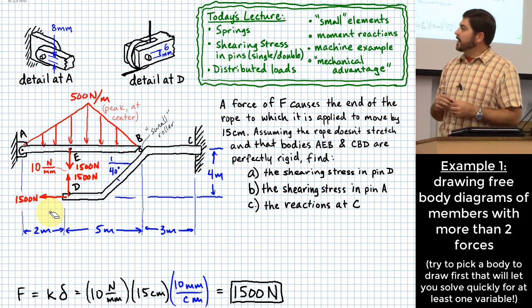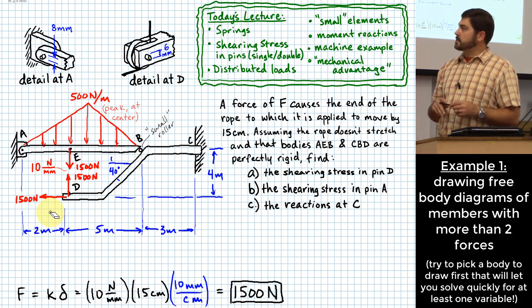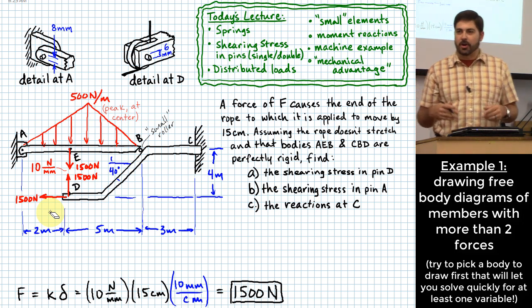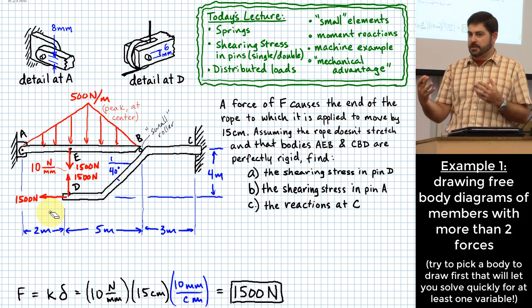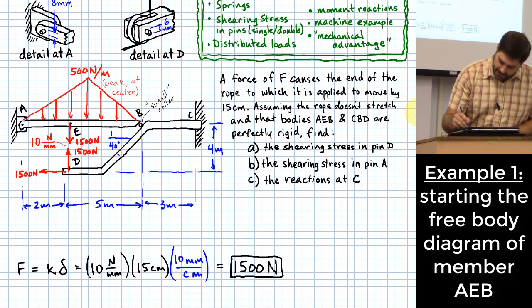So I like the idea of looking at this diagram and immediately seeing that member AEB is a simple enough free body diagram to draw and get something quickly, right? We'll know something more after drawing that free body diagram and doing one equation. It's probably worthwhile doing, okay? So let's go ahead and do that.